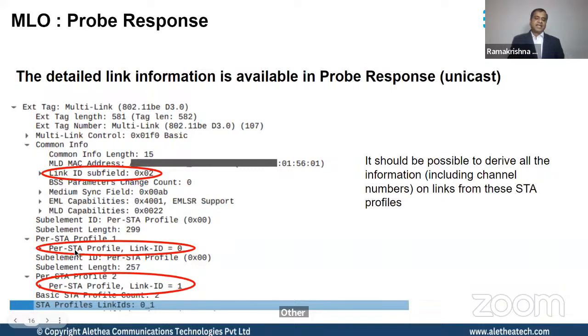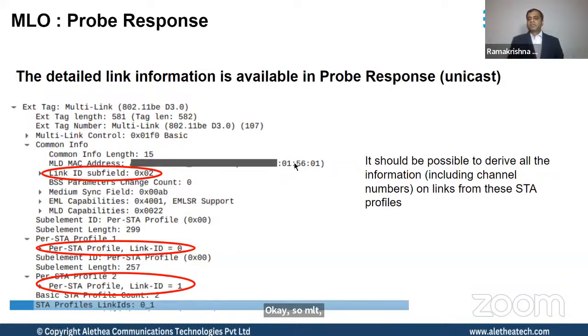It will contain what bandwidth is used on the other channel, what the capabilities are, VHT capabilities, HE capabilities, everything. Every link's information is contained here, and hence the whole probe response is heavy. The outer level on which this probe response is sent is for the link on which it has been transmitted. The MLD MAC address is also available in the probe response.